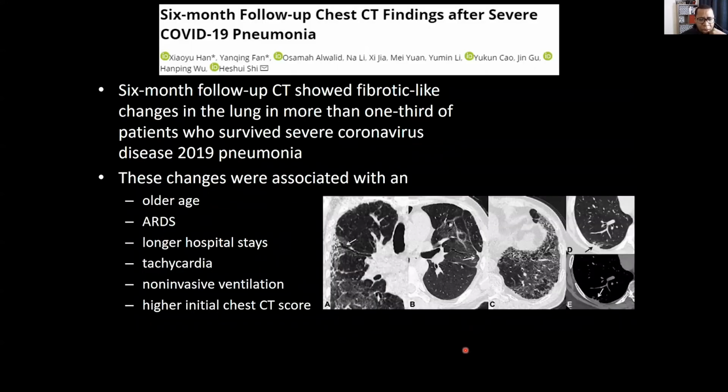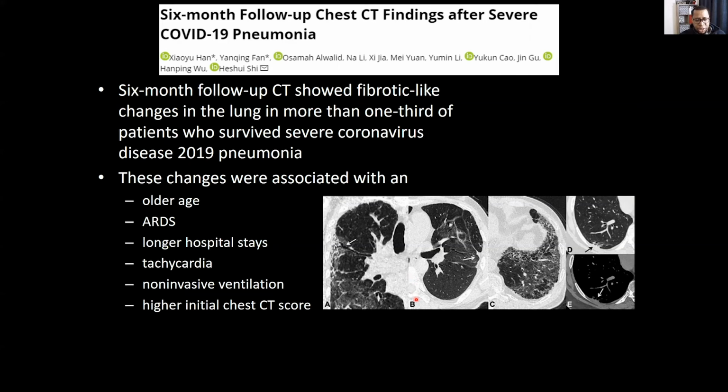So a study that came out not too long ago just showed patients with 6-month follow-up chest CT findings after severe COVID-19 pneumonia. And it showed that 6 months follow-up chest CT basically demonstrated fibrotic-like changes in the lungs in more than 1/3 of patients who survived severe COVID-19 pneumonia, right?